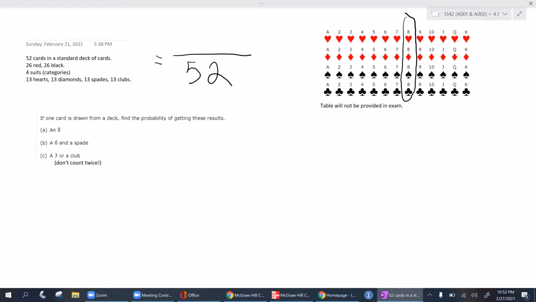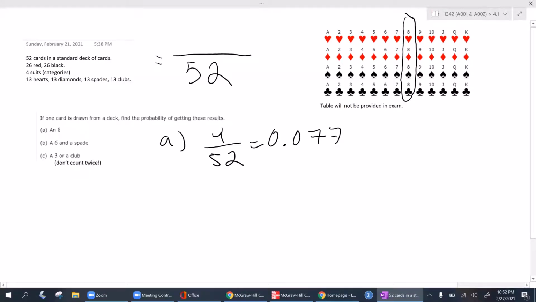So for A, it's going to be 4 over 52. You plug this into a calculator and I get 0.077, or 7.7%.